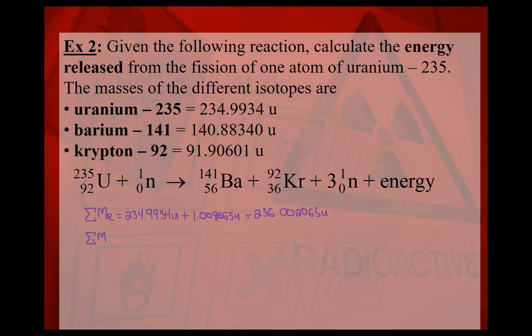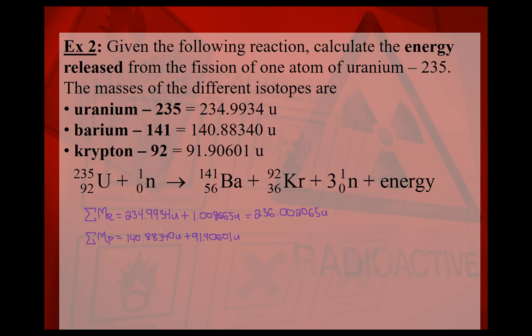Now get the sum of the mass of the products. We use sigma MP to represent that. The products: barium-141 has an actual mass of 140.88340 atomic mass units, plus the mass of krypton, the actual mass, 91.90601 atomic mass units.